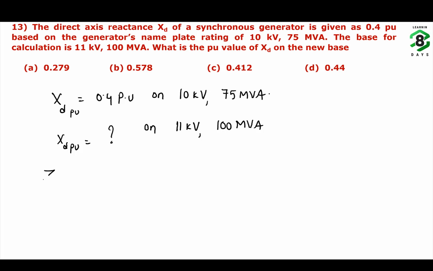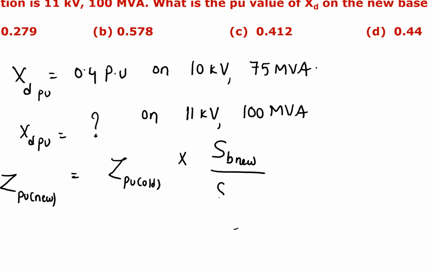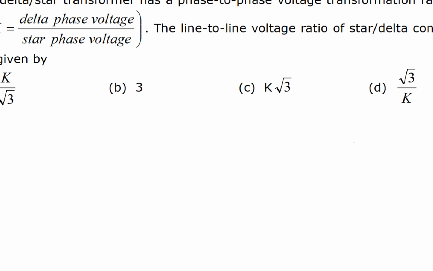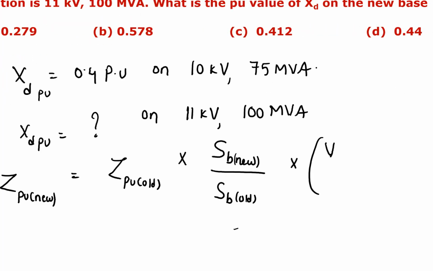So what is the formula? Z per unit new is equal to Z per unit old into new base MVA divided by old base MVA, into old base kV by new base kV, whole square.